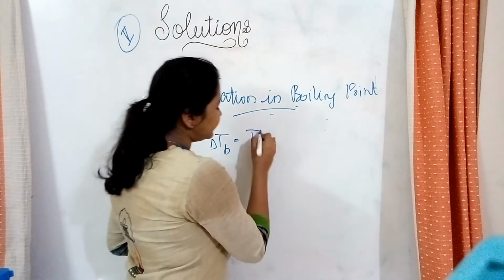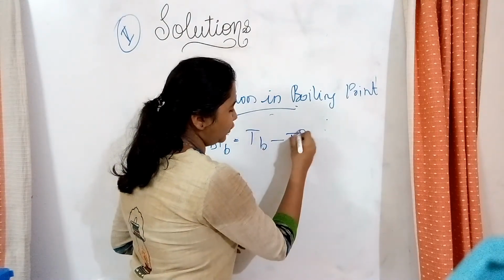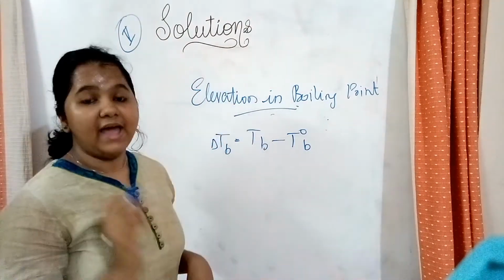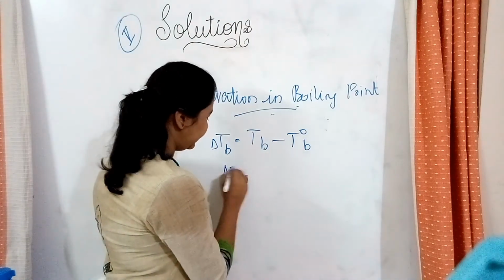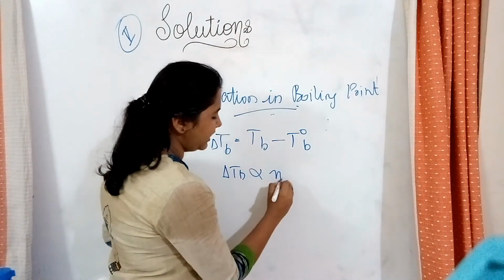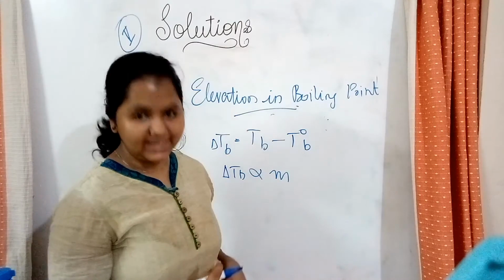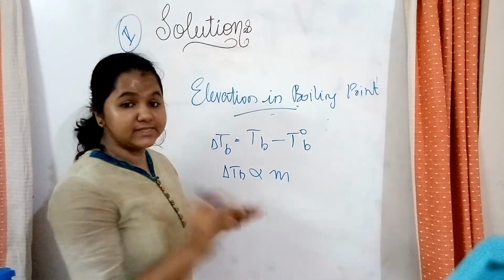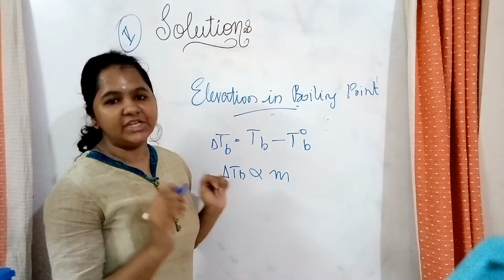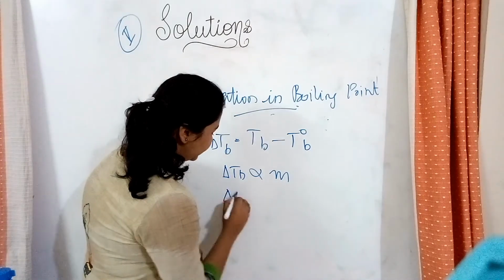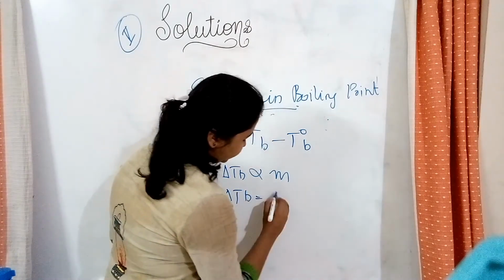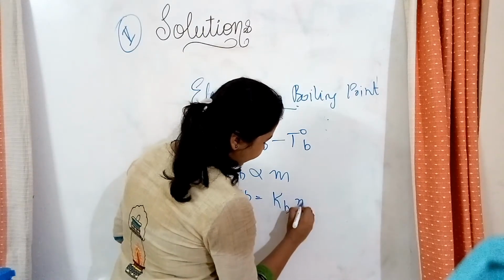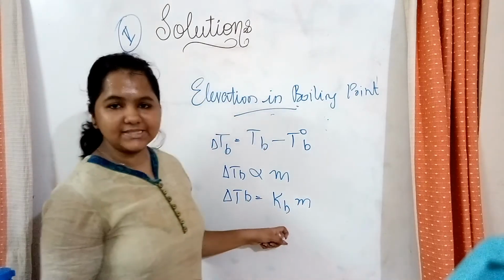So we'll write TB minus T0B. Okay? And delta TB is proportional to m. What is m? Molality. So, to remove this proportionality symbol, we introduce a constant. So, delta TB is equal to KB m.